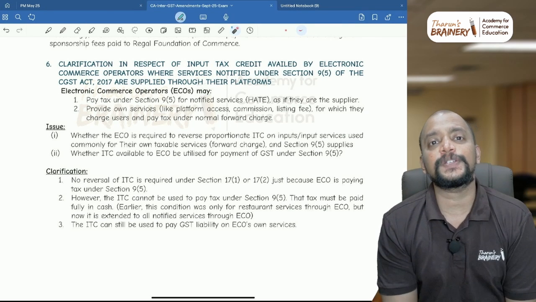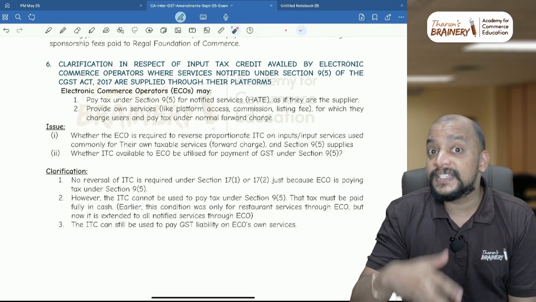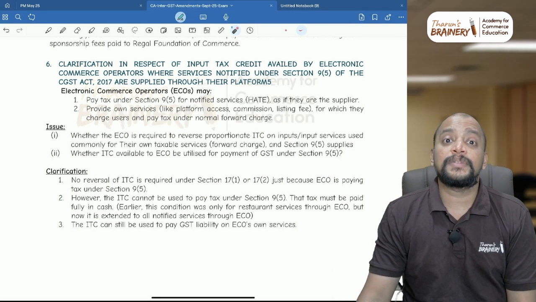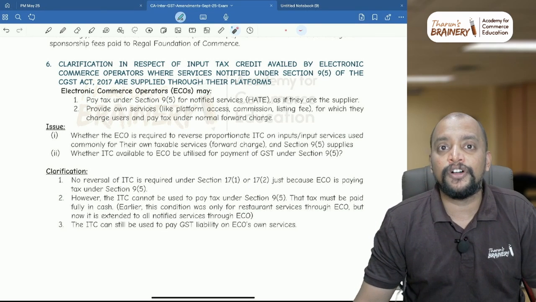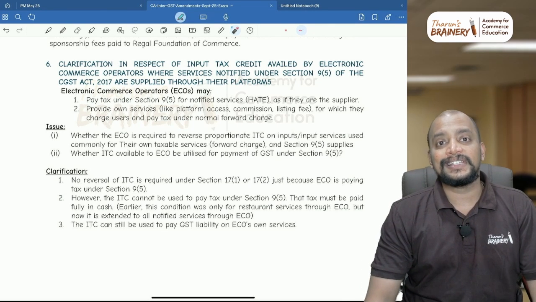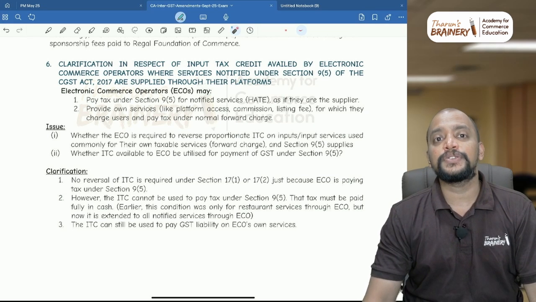Then what can they do with respect to that input tax credit? They will have some other liability, na. What is that other liability? If they provide any other service through their platform or delivery charges, etc., on that they can pay GST and use the input tax credit.